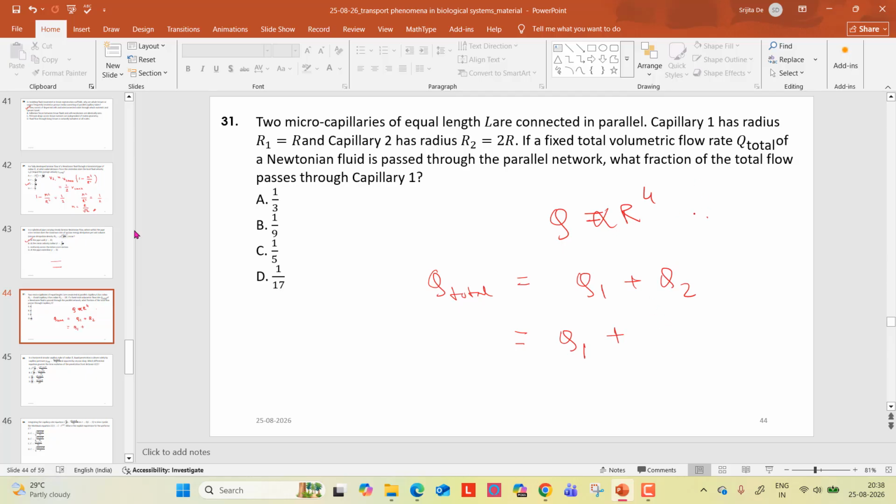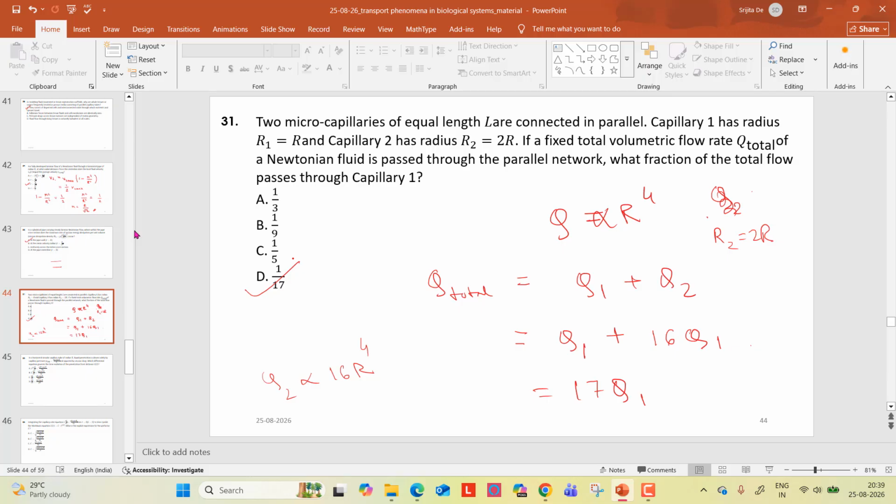Q2, so R2 is 2R. So that's why Q2 will be proportional to 16R to the power 4. It will be 16 Q1, right? It will be 17 total. So the first one will be 1 by 17.